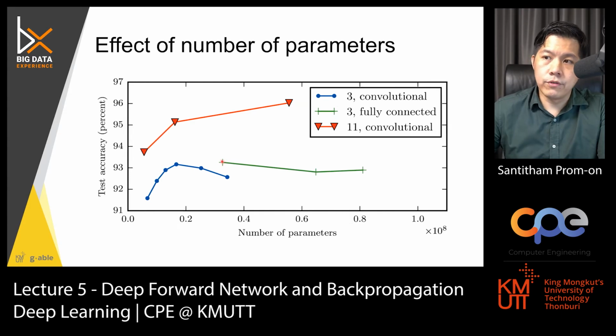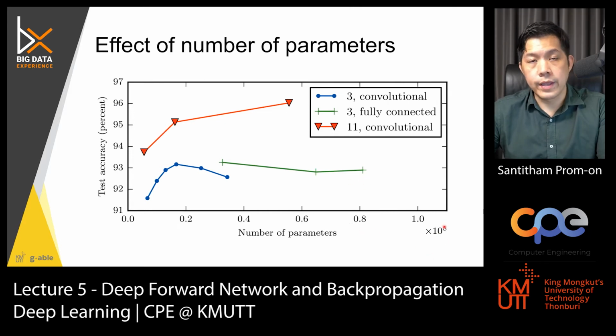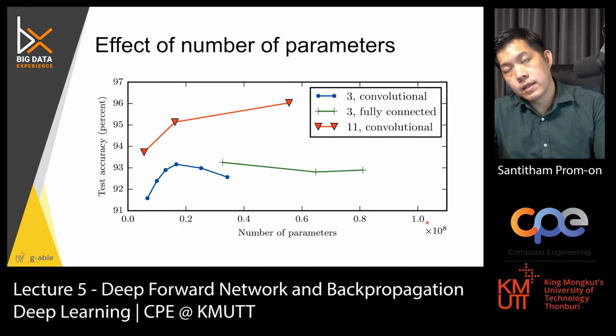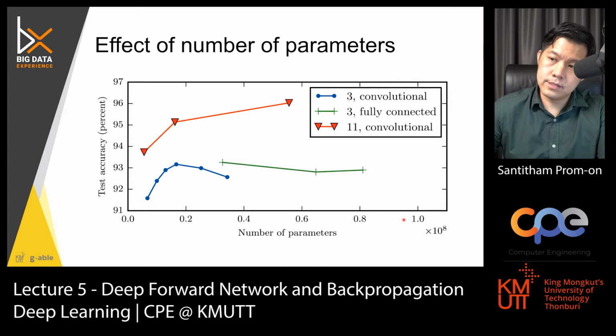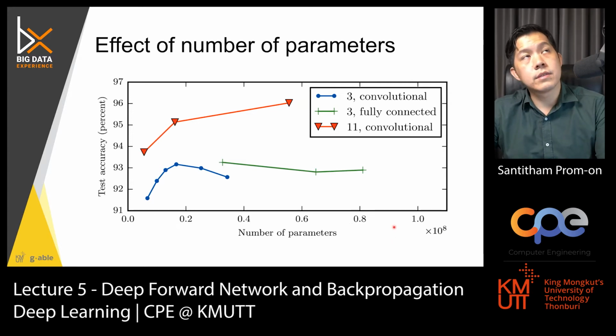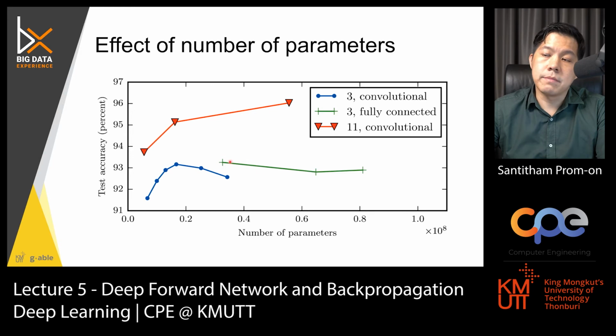You can see that if you use the fully connected model, the number of parameters would be like 0.8 to 10 to the 8, so this is around 80 million parameters. And you can see that the accuracy is just about this one.